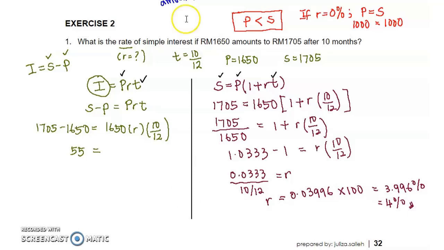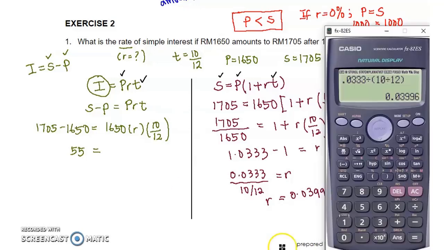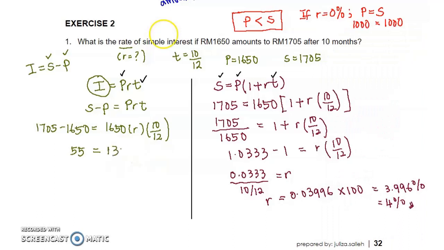So multiply this one, 1650 multiplied by 10 over 12, gives 1375. So R equals 55 divided by 1375.